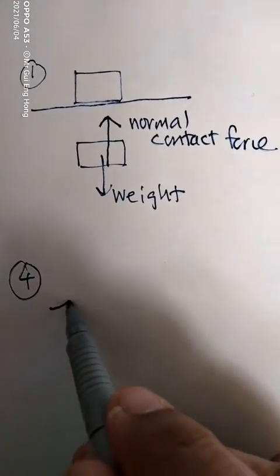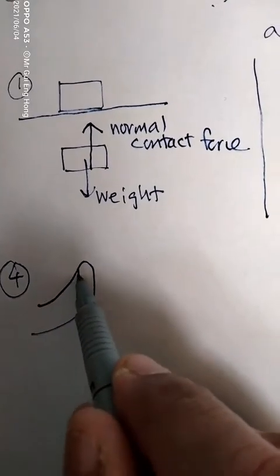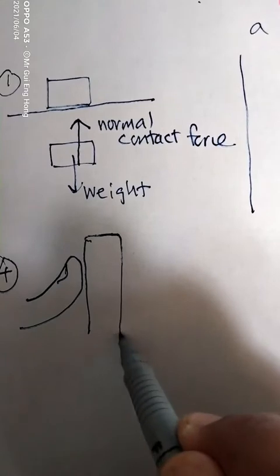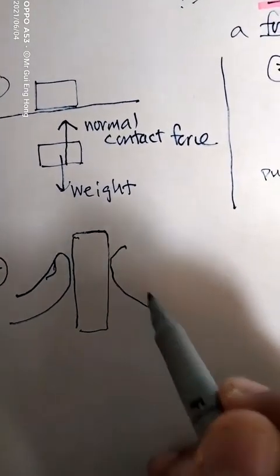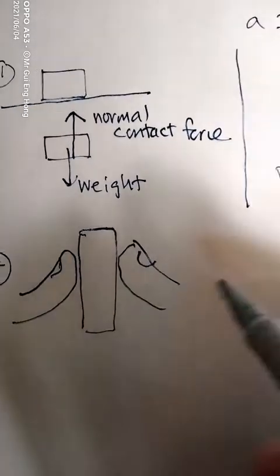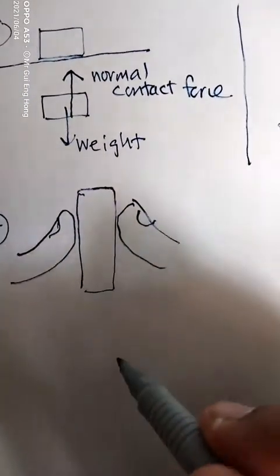Now somebody holds a coin using 2 fingers, this way. In this case, the weight is trying to pull downwards.